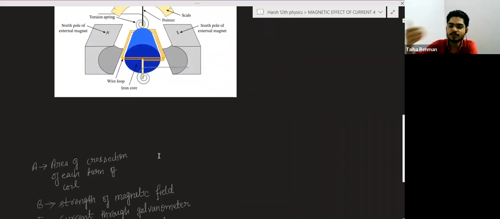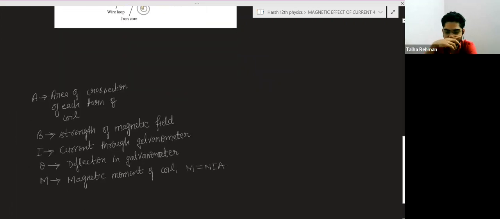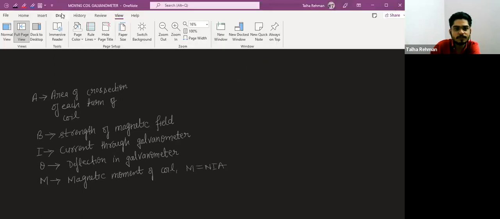So there will be some restoring torque in the spring that will oppose the motion of the coil due to the torque from the magnetic field. So simply, we will use the formula of the torque on the coil.